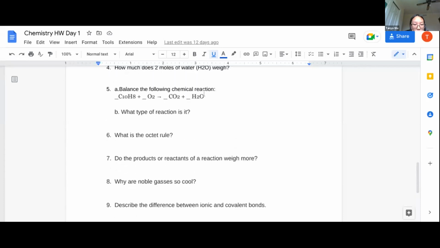So looking here. I haven't checked this question, but if the number of each element is the same on both sides, then you got it. And it is a combustion reaction because you can tell from the products, which are CO2 and H2O.